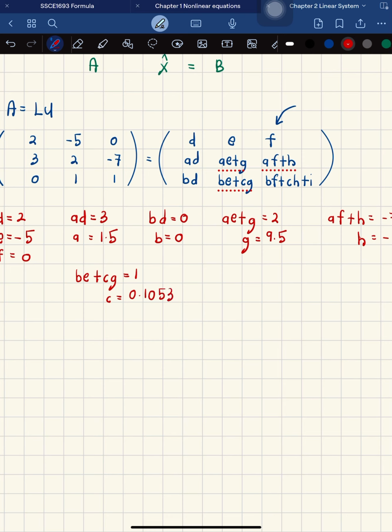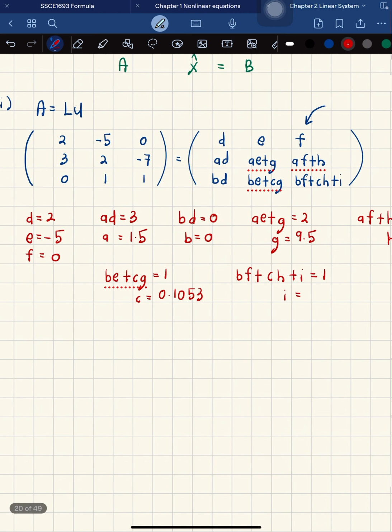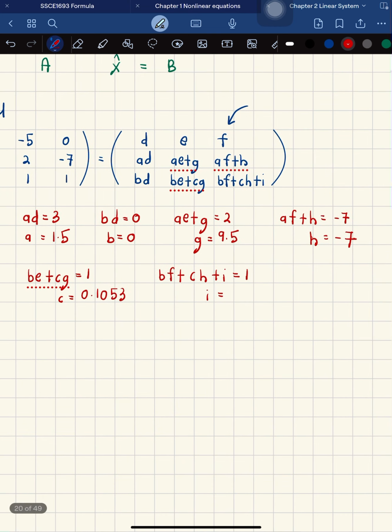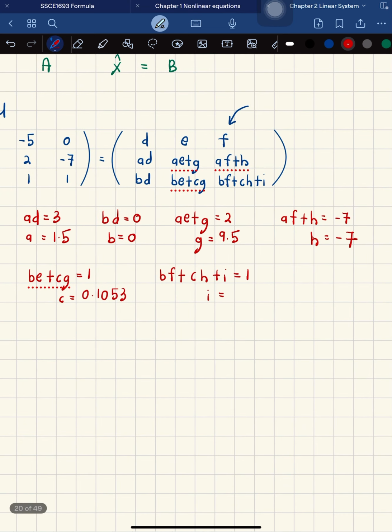So C is 0.1053. And then the last one is BF plus CH plus I equal to 1. So we want to find the value of I. So 1 minus BF, 0, minus CH, H, so I is 1.7371.